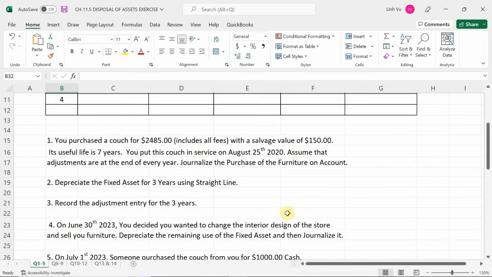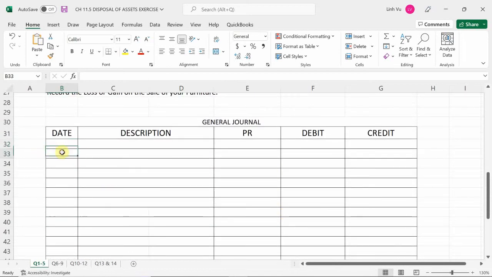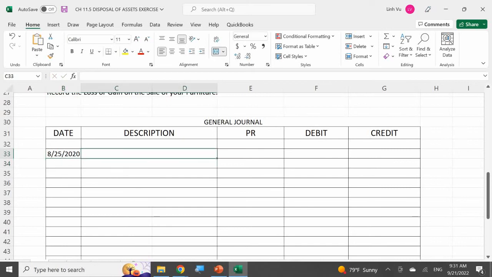So we purchased it on August 25th, 2020 for how much? $2,485. What did we buy? We bought a couch.